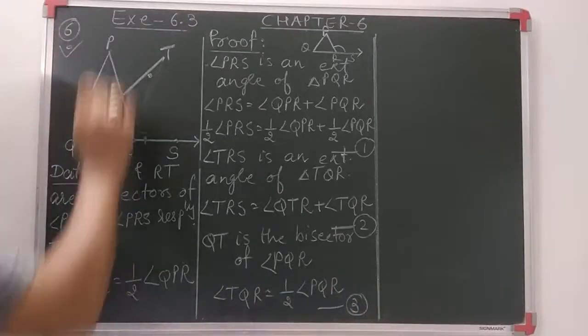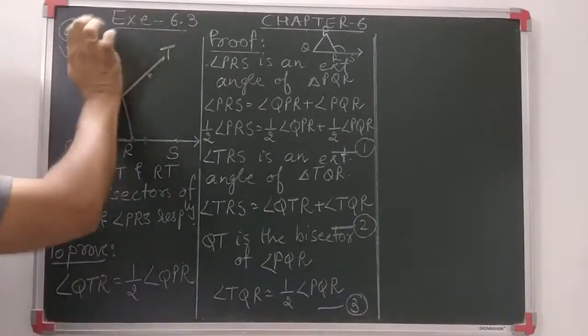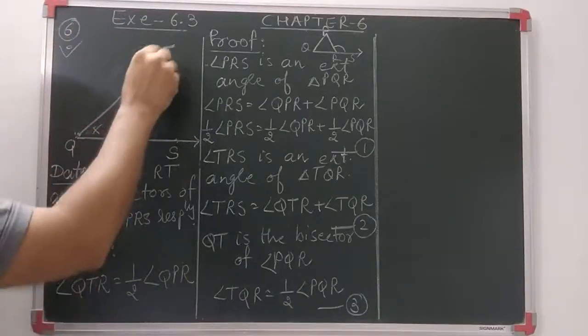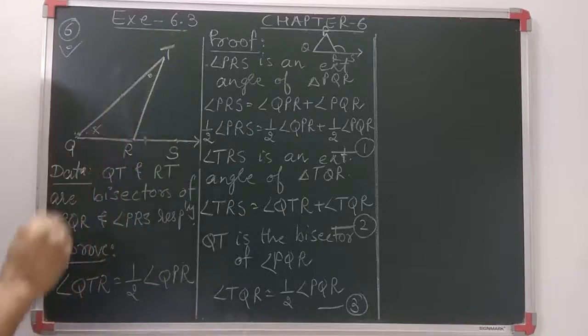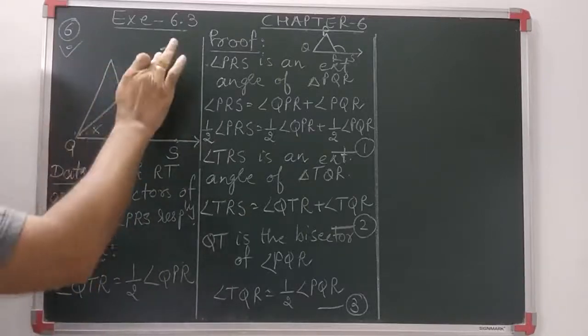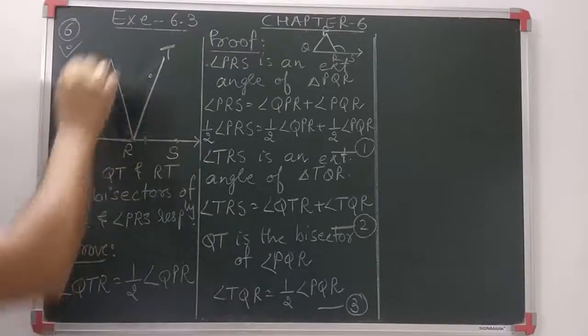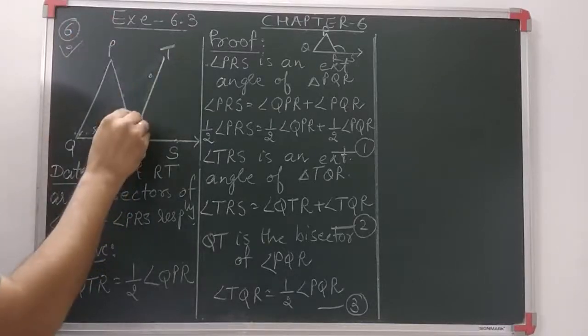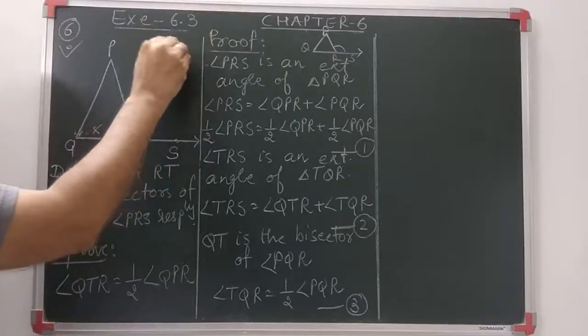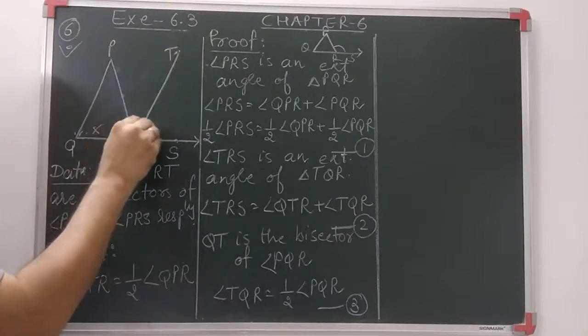In the same way, if I erase again, I'll do this to explain to you. I'll join here. Let me draw this one. I don't require this one. Yes, this is PQ. Now here they have given that this is the bisector of this angle.